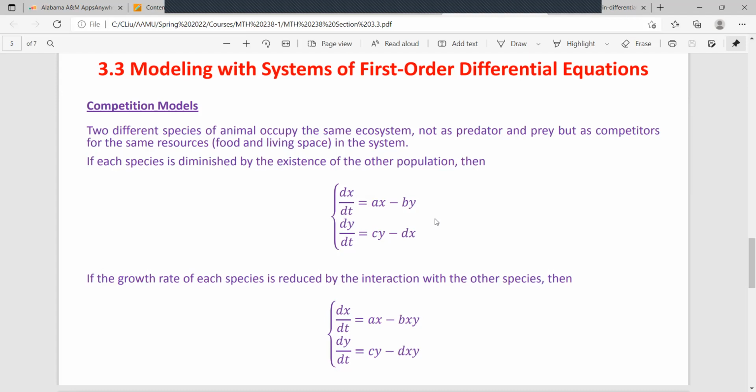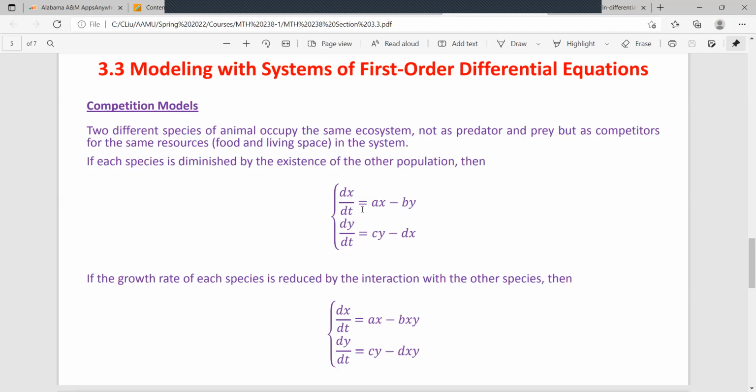So we have the equations dx/dt = ax - by, where again x and y are the populations of the two species competing with each other, and a and b are constants.